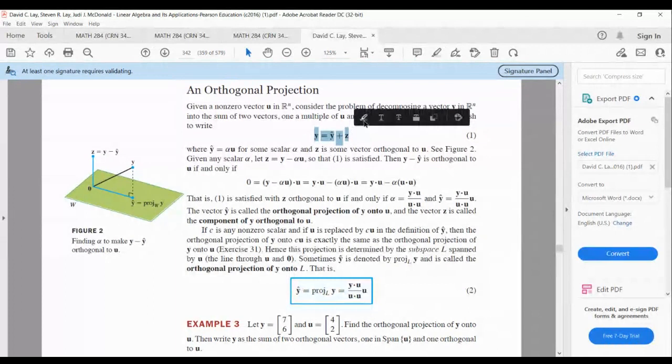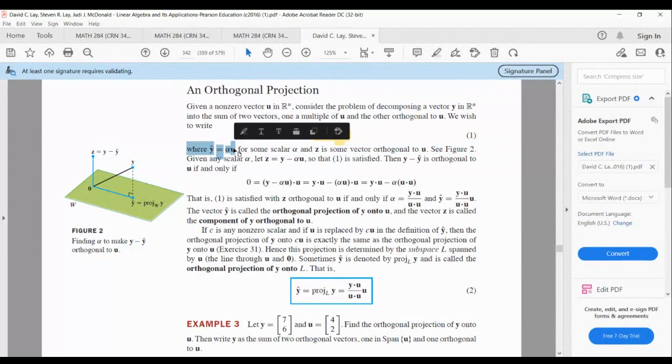They're saying the vector y is equal to the sum of the vector y hat plus the vector z. That absolutely makes sense: you add vectors tip to tail. And they notice that the vector y hat is equal to some multiple of the vector u. Now hold on here.